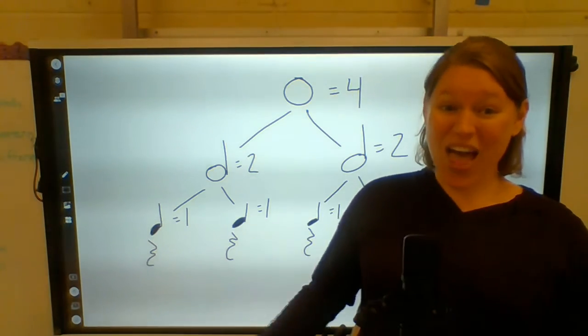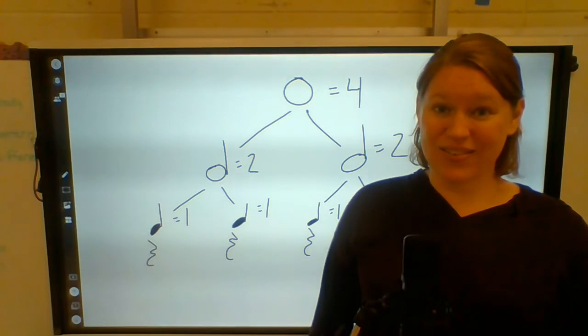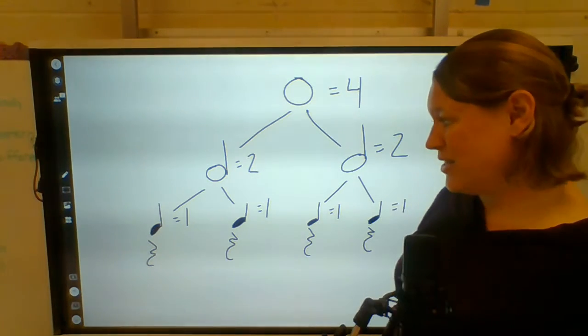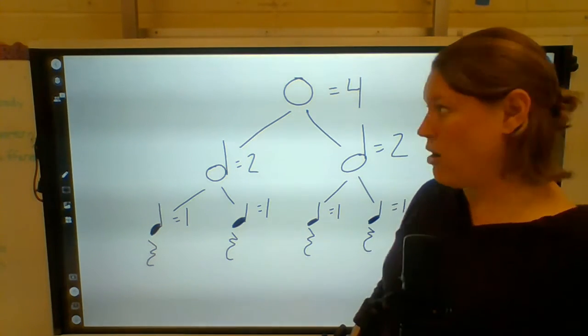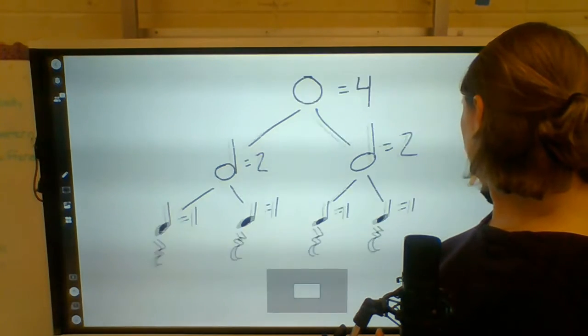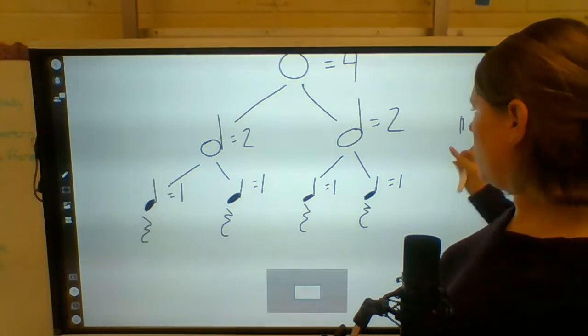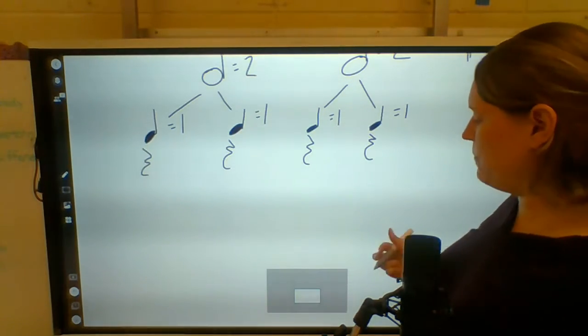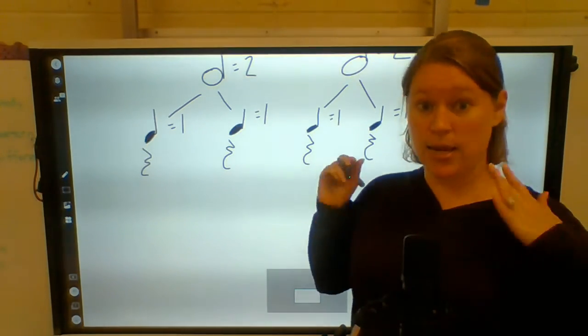Then below that, what's the shortest note that we know? Eighth notes. Okay, so this is going to take me a second to draw. I'm going to move my paper up so I can get to it. Ready, set, here we go.